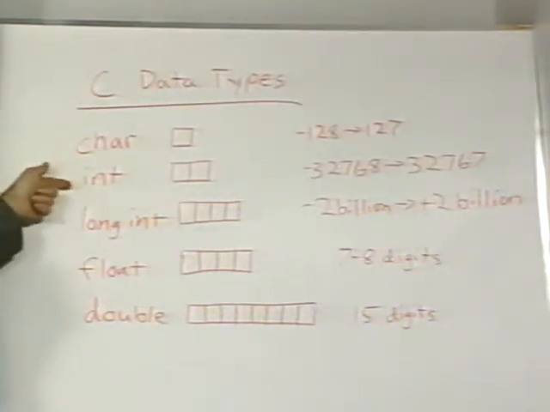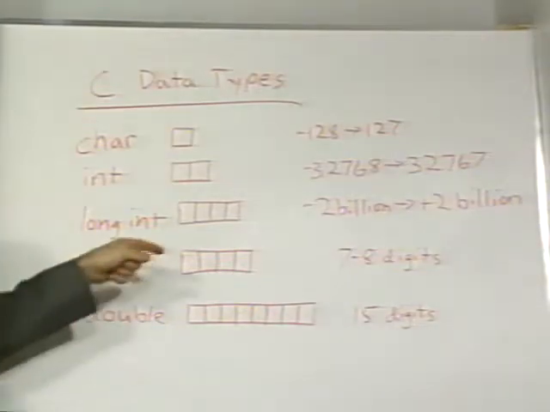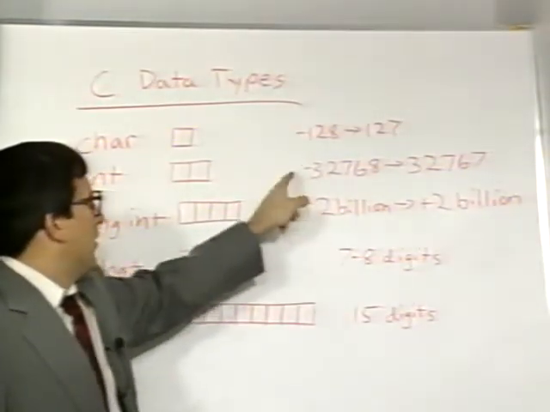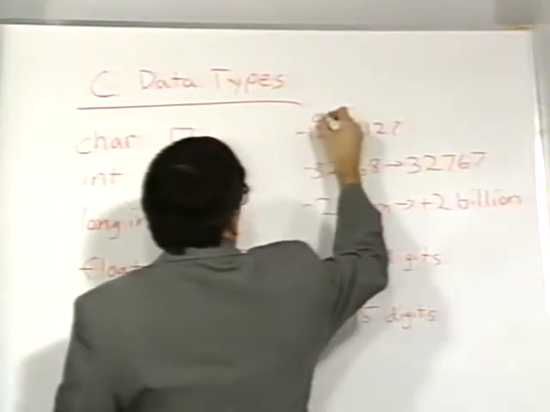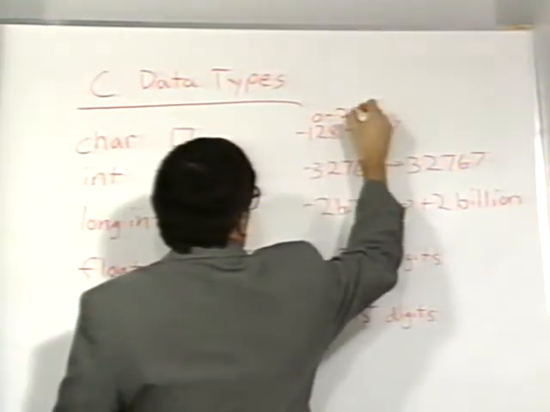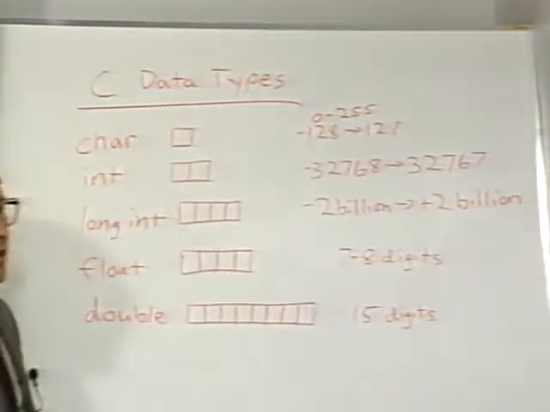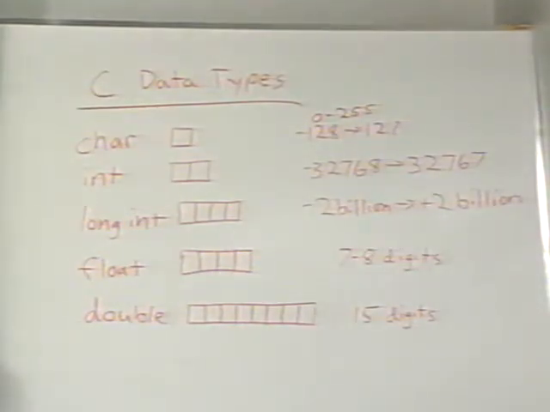The character, integer, and long integer, you'll notice, go from negative to positive in each case. Sometimes it's desirable to go to an entirely positive range. For example, 0 to 255 instead of negative 128 to 127. In this case, you can put the word unsigned in front of the data type.